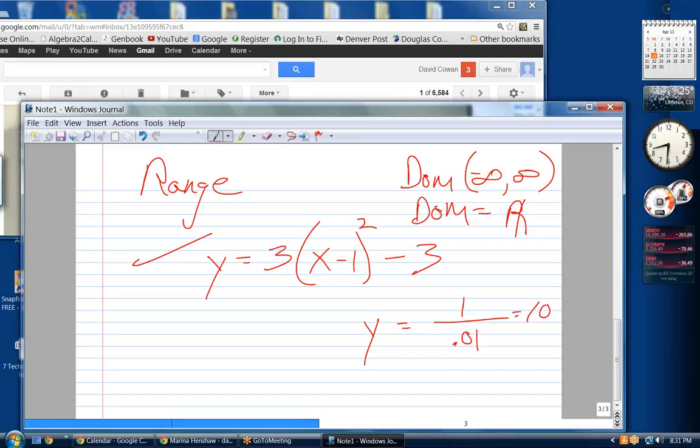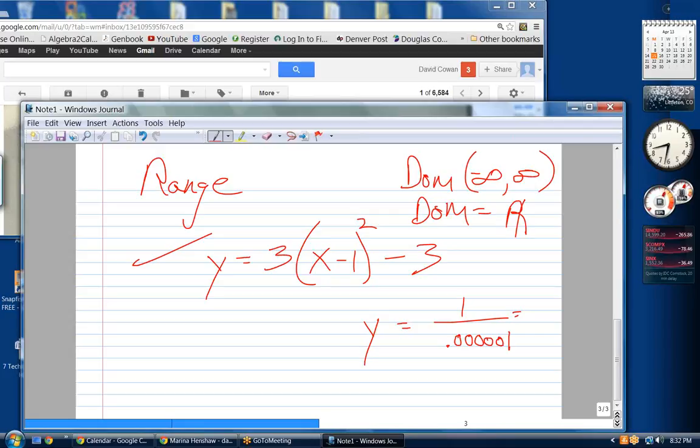Then y becomes 100. And if I make x 0.001, in other words, as I make x smaller and smaller, y gets bigger and bigger. So y can actually go to infinity as x approaches 0.